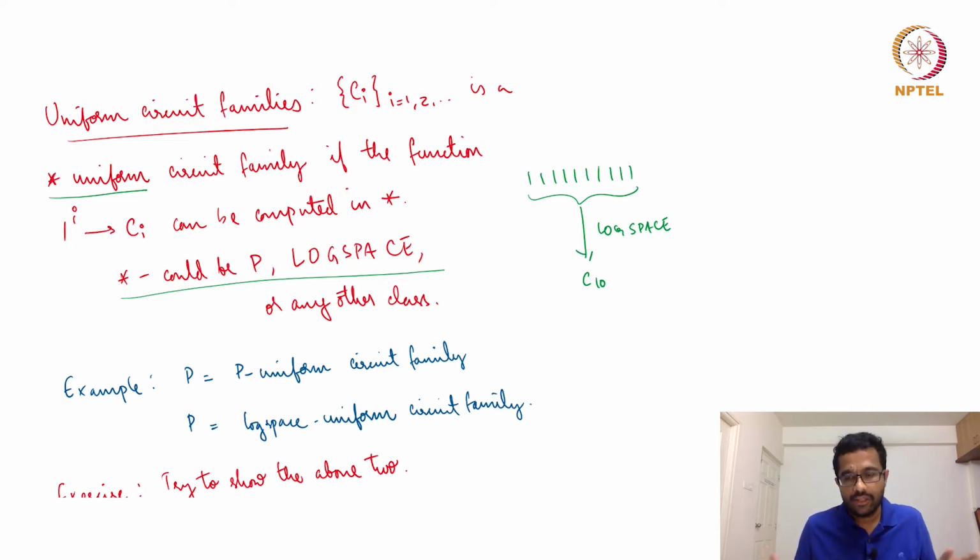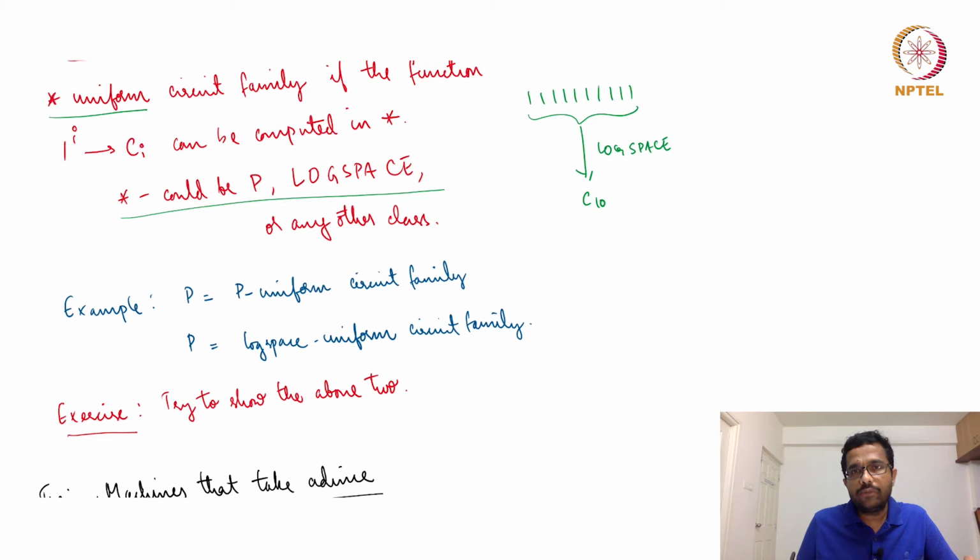Given any input length, you have a way to generate a circuit in an algorithmic manner, using a controlled algorithmic power, and then it is just about the circuit evaluating a certain input.